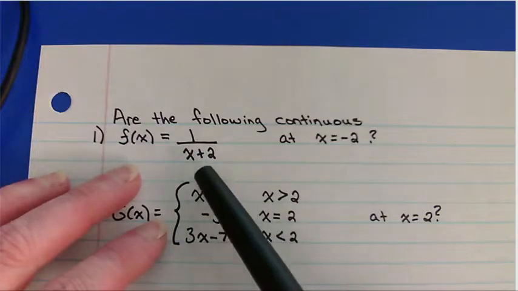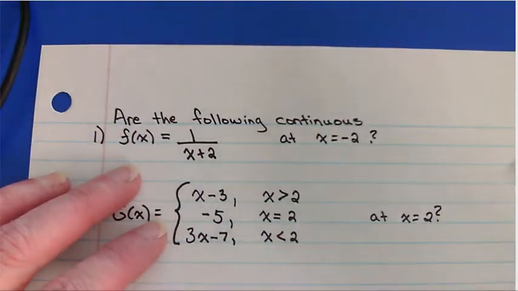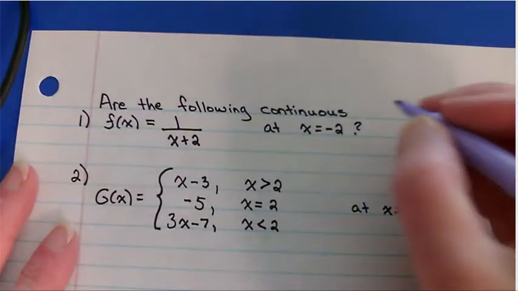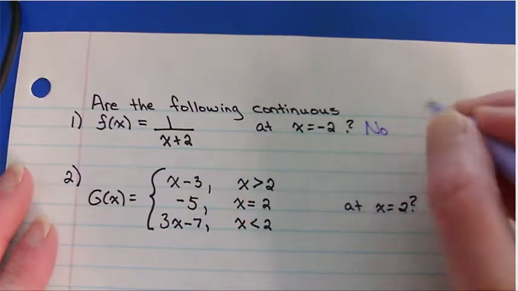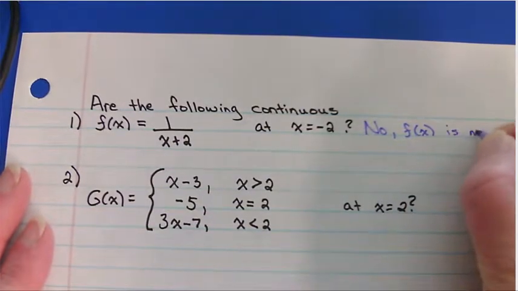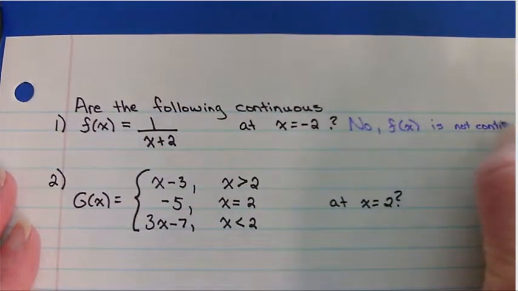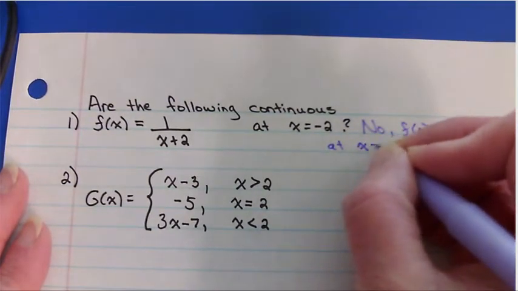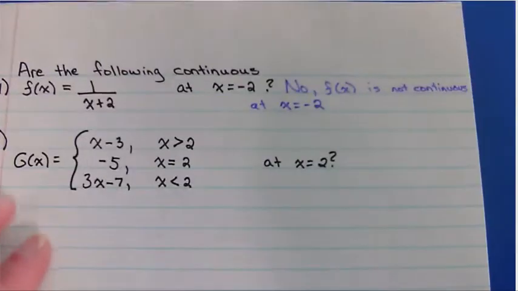At that point, when you have a vertical asymptote, you get that swoop, swoop. So no, f of x is not continuous at x equals negative 2.